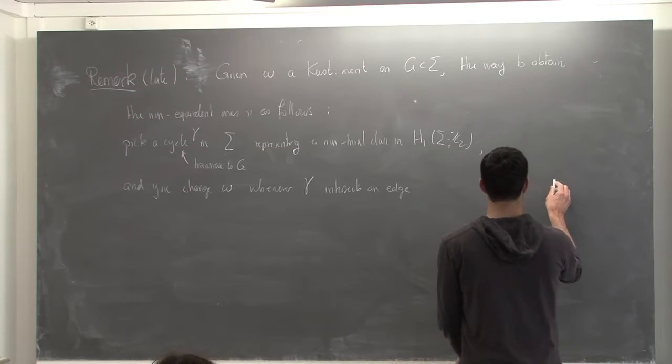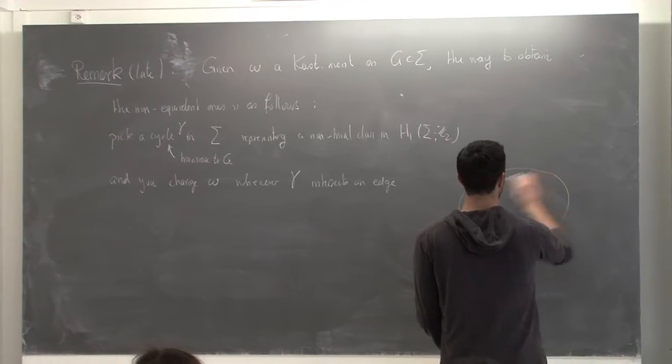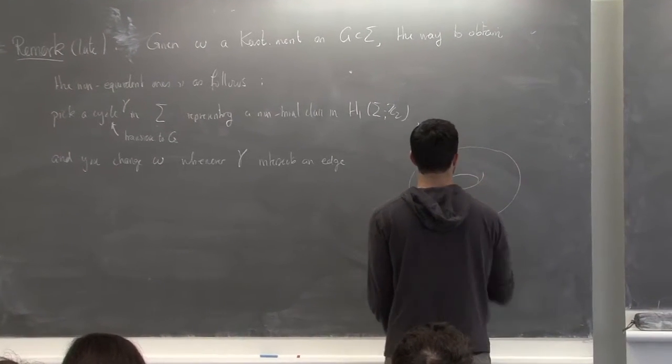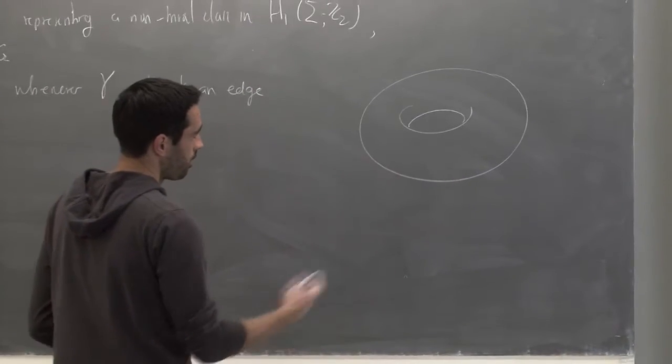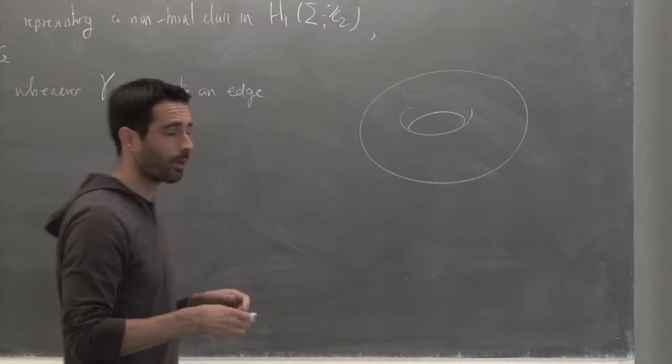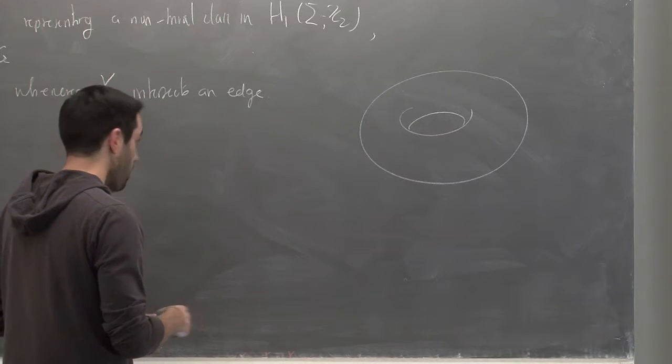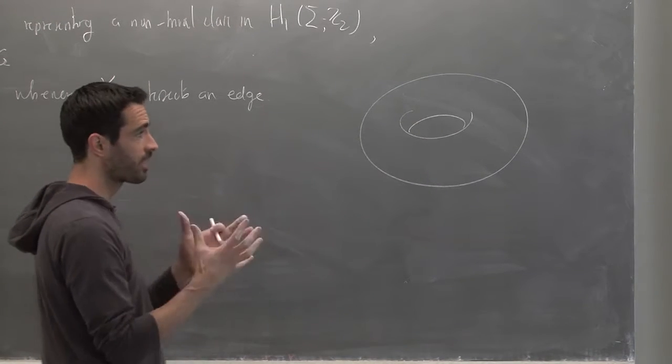So let's say, for example, that you're on a torus. And let's say you have your graph. I'm not going to draw the graph. And you have a fixed Castellan orientation.